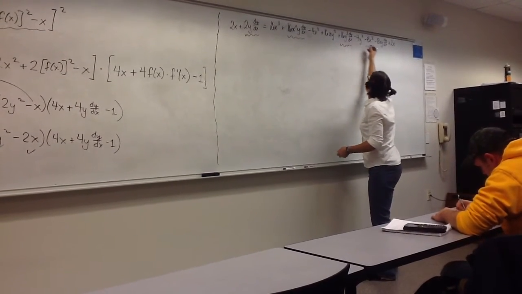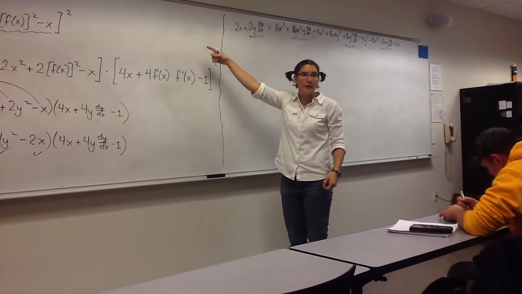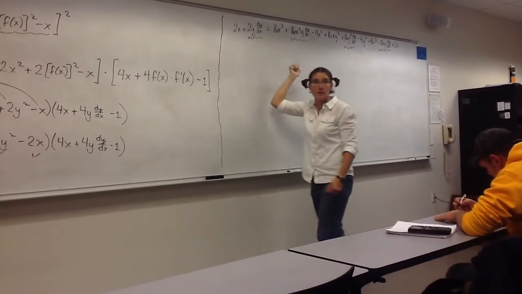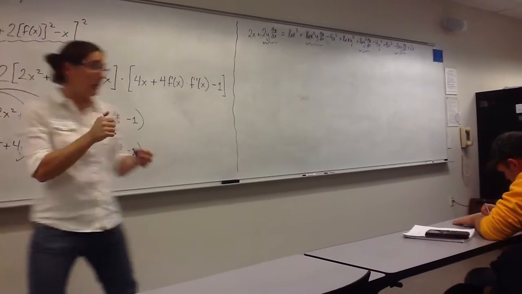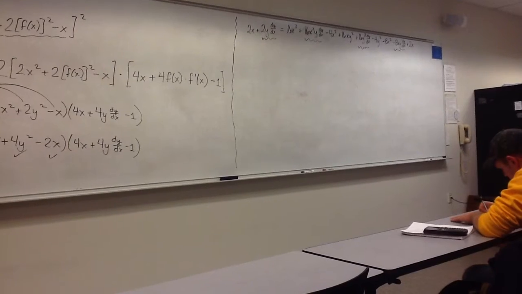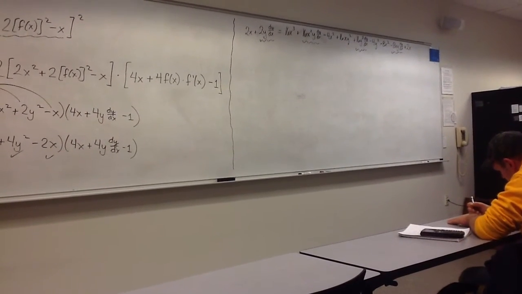There's 4 of them. Those 4 terms will all go on one side, and every term without dy dx will go on the other side. If our goal is to find dy over dx equal to stuff in terms of x's and y's, then this is what we have to do.